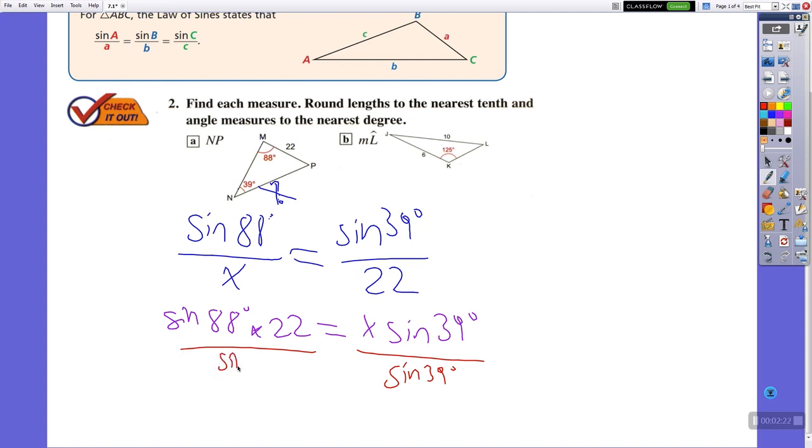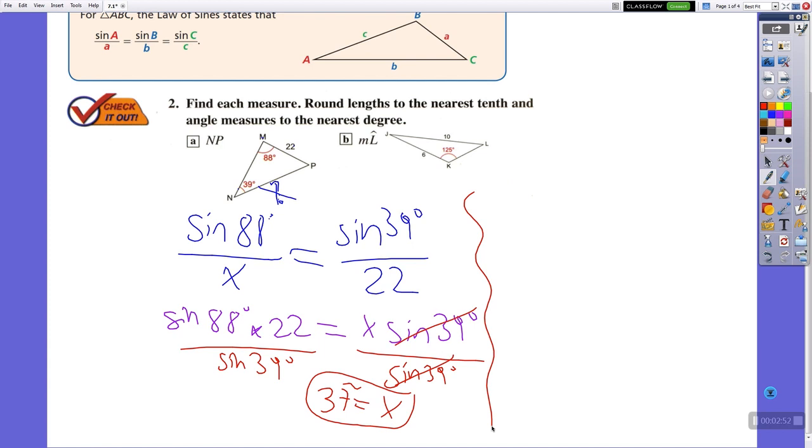So you compute it by using your calculator. It's gonna give you a result approximately 37. So your side length NP is 37. It's pretty simple if you know the rule.